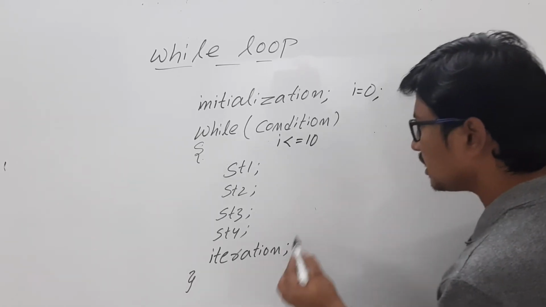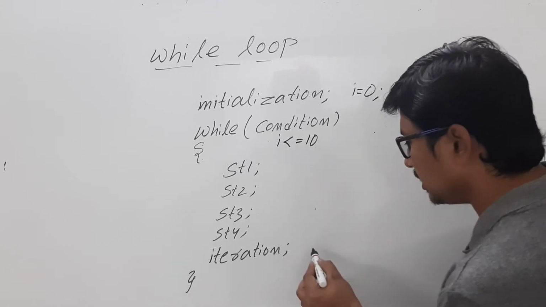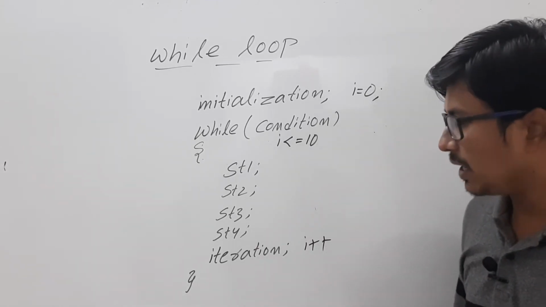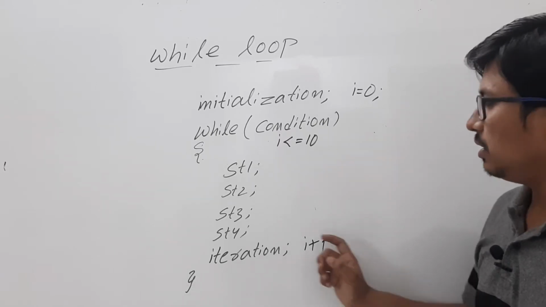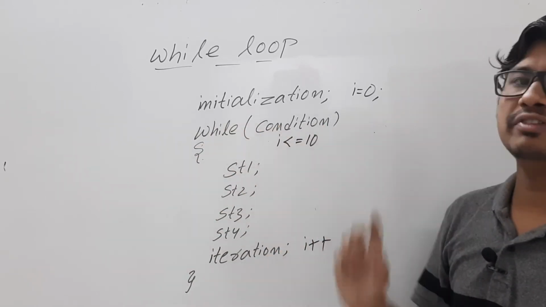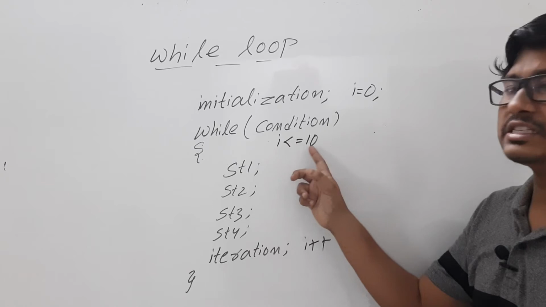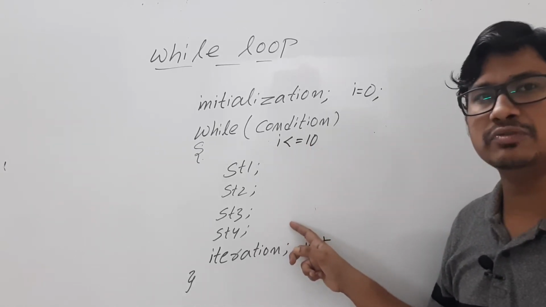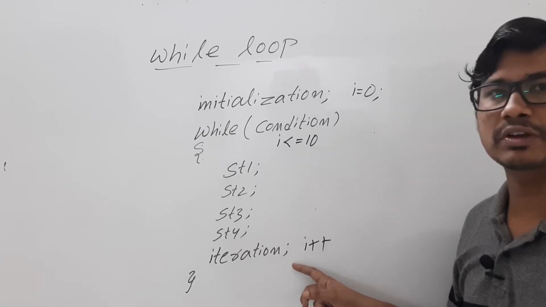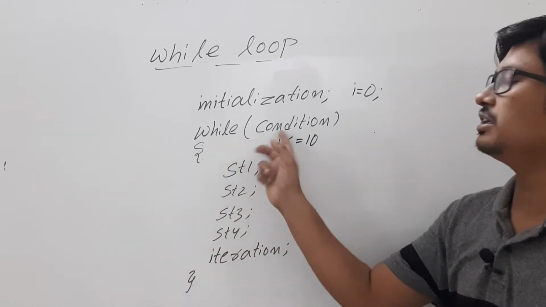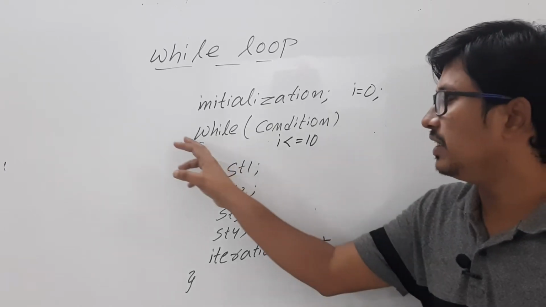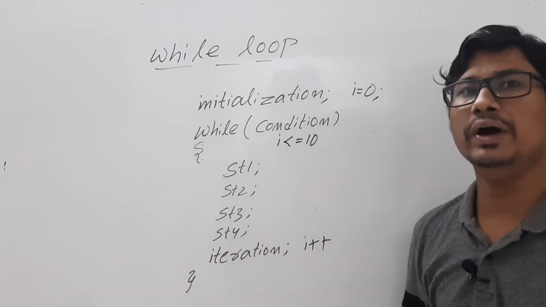Then for the iteration, you increment the i value by 1, i++. Then again you verify whether i <= 10 or not. If it is true, the statements are executed again, the iteration happens, and the condition is verified again. Let's say now the condition fails, then control will come out of the while loop.